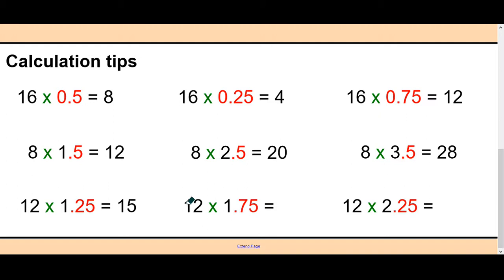Same with this, you're doing 1 times 12, and then adding on 3/4 of 12. 1/4 of 12 is 3, so 3/4 is 9, so you're doing 12 plus 9, which is 21. With 2.25, it's 2 times 12, 24, and then add on a quarter of 12, which is 3, so the answer is 27. These are good ways to improve your mental ability when multiplying by decimals.